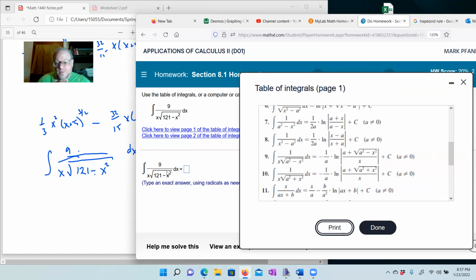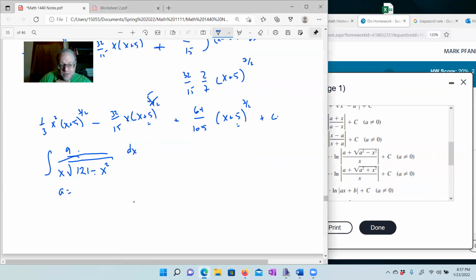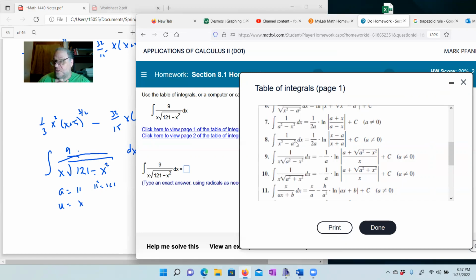Okay, so what we're going to have here is we're going to have 9. In this case, a is equal to 11, because 11 squared is 121. And then our u is just going to be our x. These are usually given to us in terms of u's, but in this case, I guess not. Because this gets harder where this is a u squared and you have to deal with a dx in there and everything else.